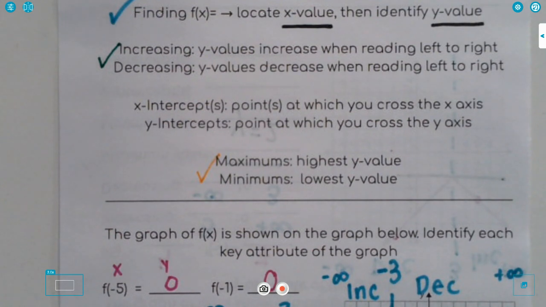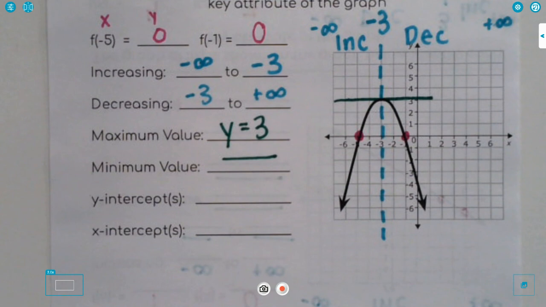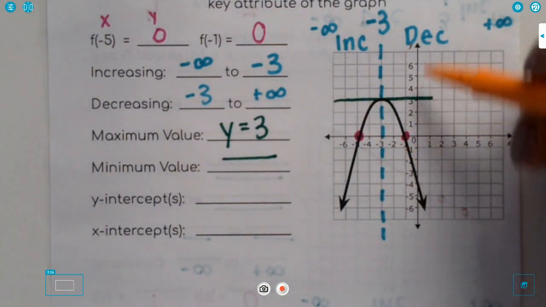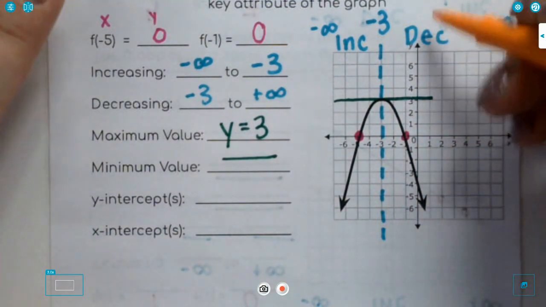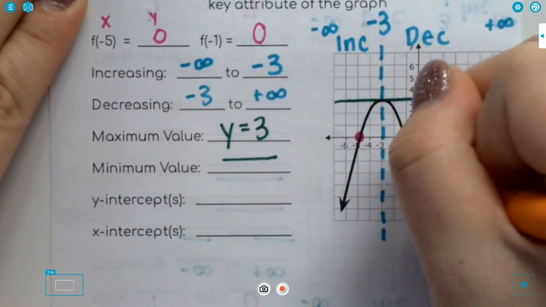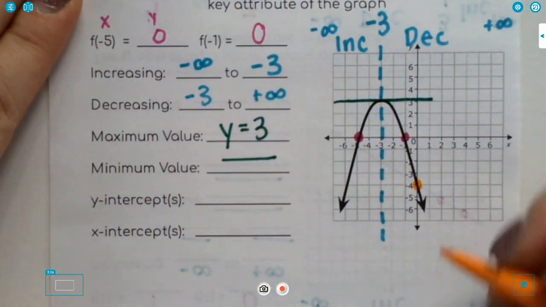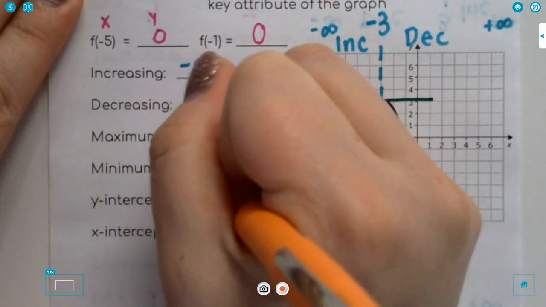So looking at this first one, our y-intercept, we look at our up and down axis. I'm going to put a dot right here to label it for us. We cross one time, and it's at -4. So we just list that down.